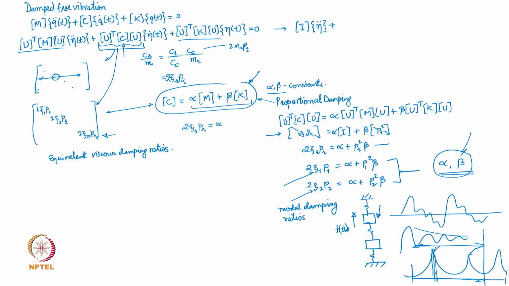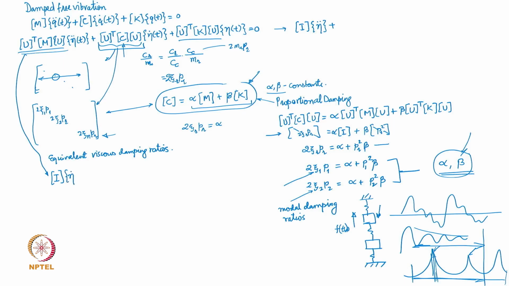Well, with this background, let's relook at how I rewrite this equation of motion. Now I have the mass matrix pre-multiplied and post-multiplied to result in the identity matrix.